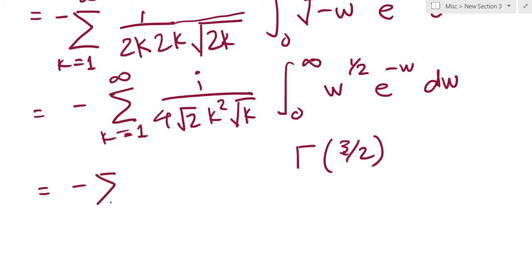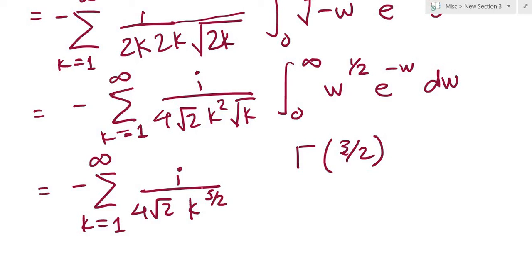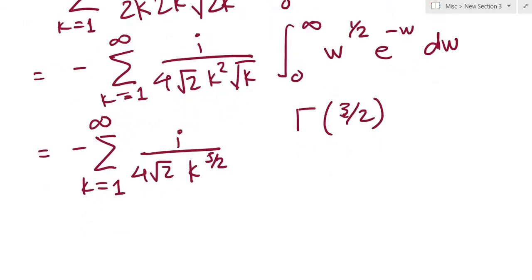So sum from k equals 1 to infinity of i upon 4 root 2 k to the 5 by 2 power times the gamma of 3 by 2. Now we can clean this up by rationalizing the denominator, multiplying and dividing by square root of 2.